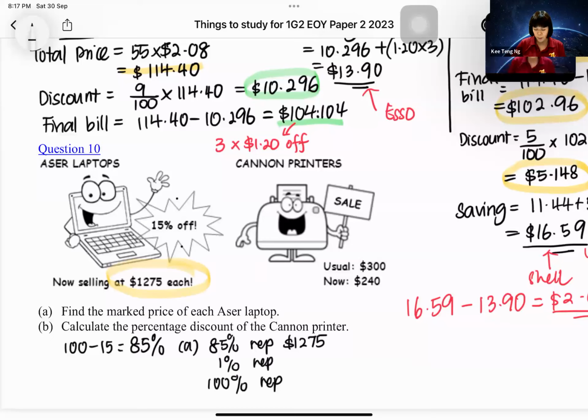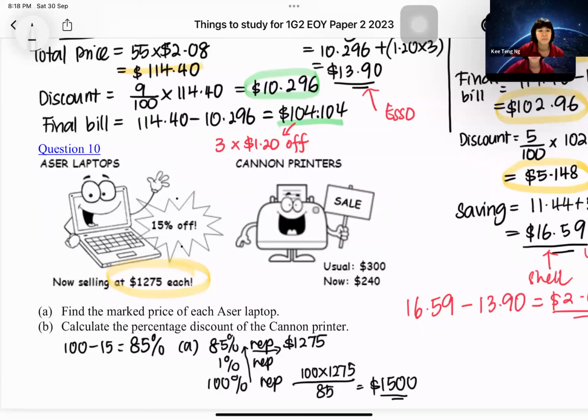For me, I'll do directly 100 over 85 times 1,275. So 1,275 divided by 85. That gives me a total of $1,500. Okay, please bear in mind, don't use this to be your 100%.